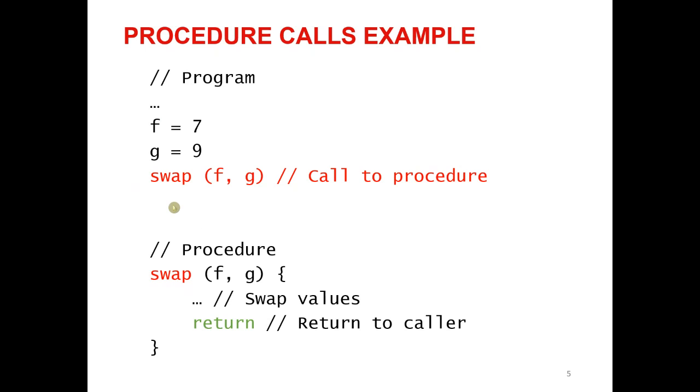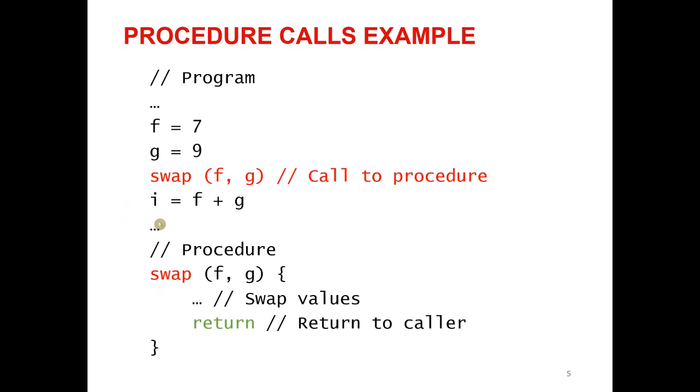In this case the rest of the code is this instruction. So the flow, as I have mentioned, is that those three instructions are executed, then there is a jump to this procedure, those instructions are executed, and then it returns back to this instruction, and the code continues from here.